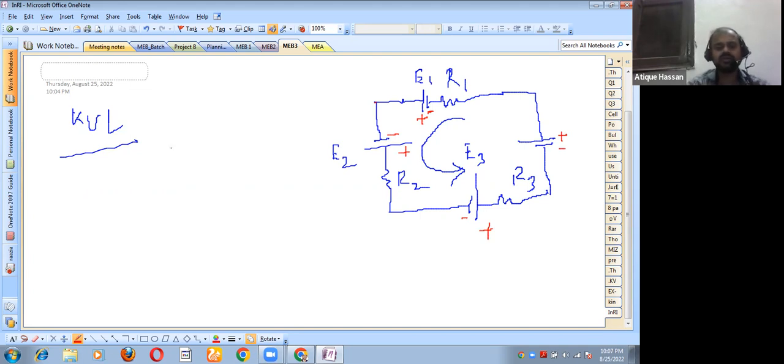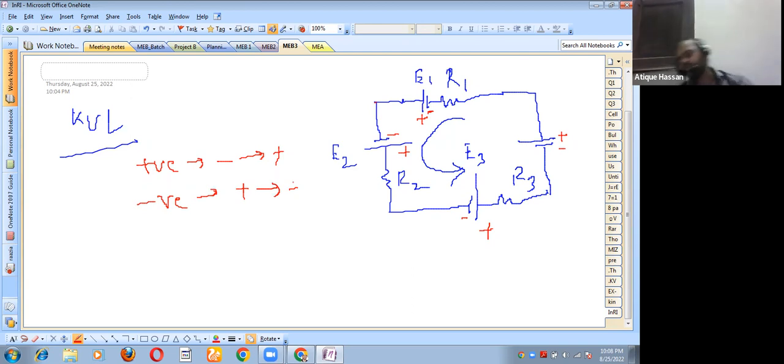The sign convention is that we take positive when moving from negative to positive, and we take negative when moving from positive to negative. When moving from positive to negative, we take negative, meaning final minus initial, as we are going to discuss. So simply remember: moving from negative to positive, the sign is positive, and moving from positive to negative, the sign is negative.